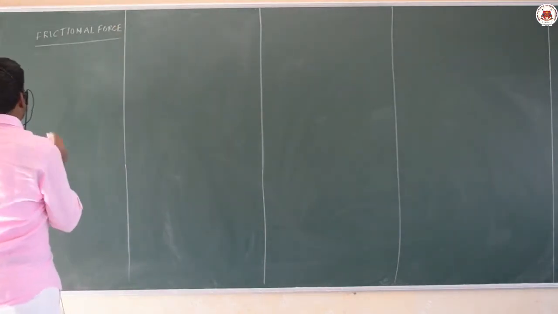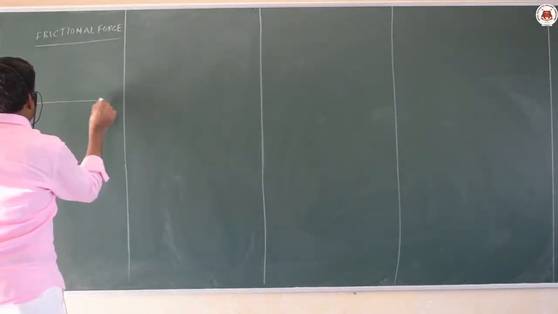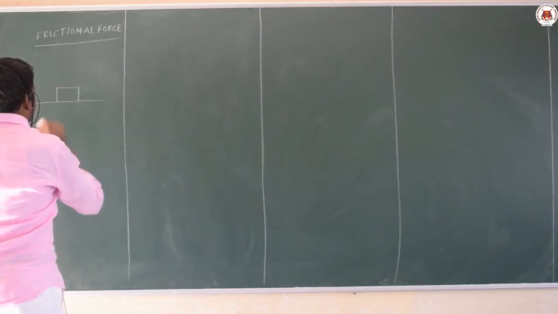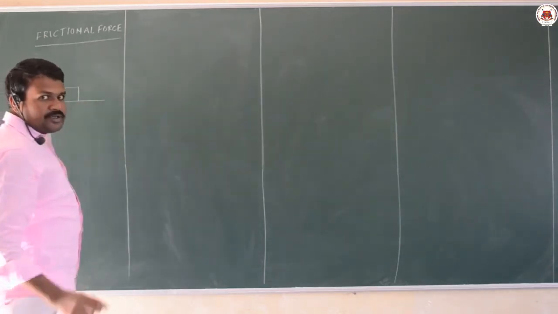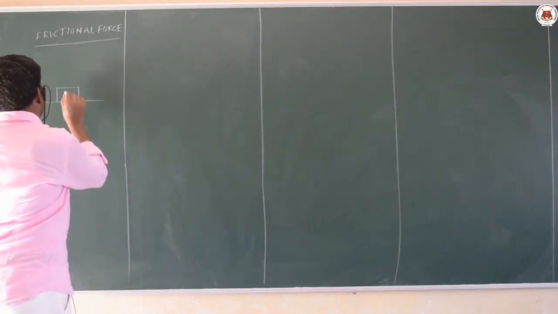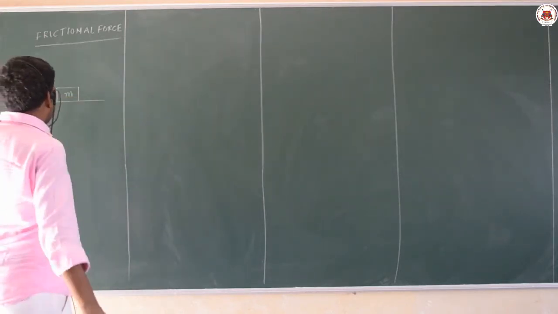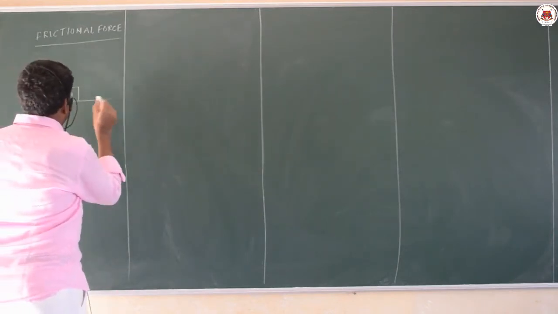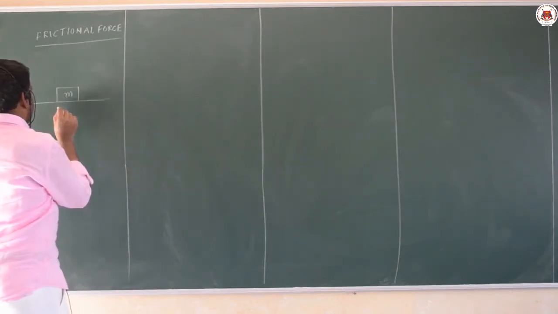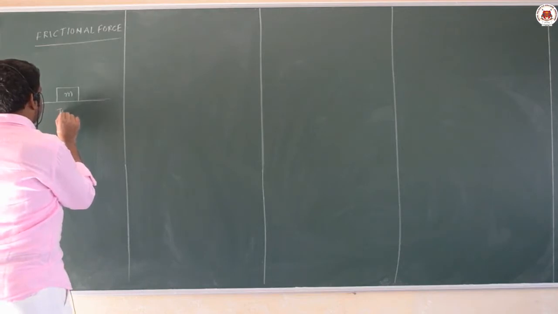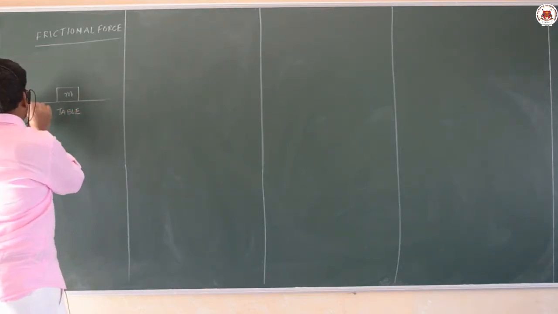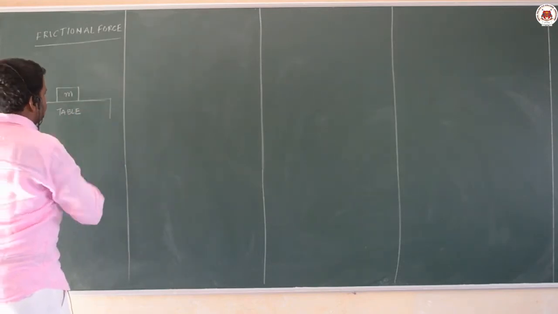Friction is an opposing force when one body is resting on another body. If a body of mass m is present on the ground, or you assume it is present on a table.